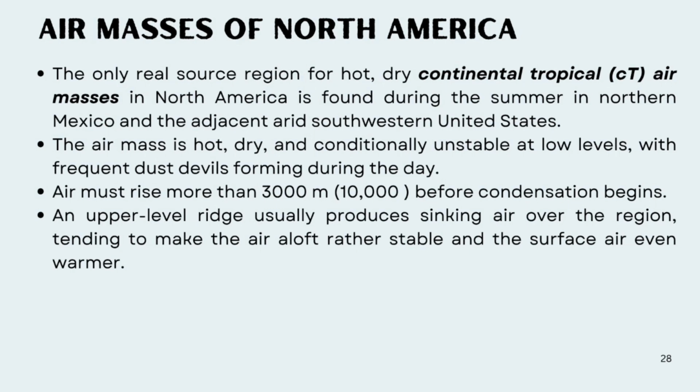Air must rise more than 3,000 meters or 10,000 feet before condensation begins. An upper level ridge usually produces sinking air over the region, tending to make the air rather stable and the surface air even warmer.